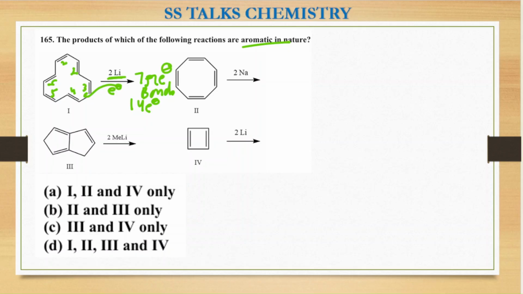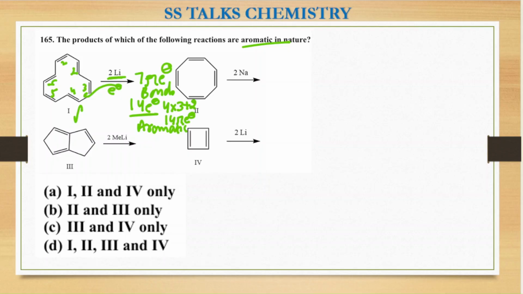So the 14 pi electron species is having 4 into 3 plus 2, that is, Huckel's rule is being followed. 14 pi electrons are being formed. So that means in molecule number 1, if the reaction is carried out, we will be getting an aromatic species, right?